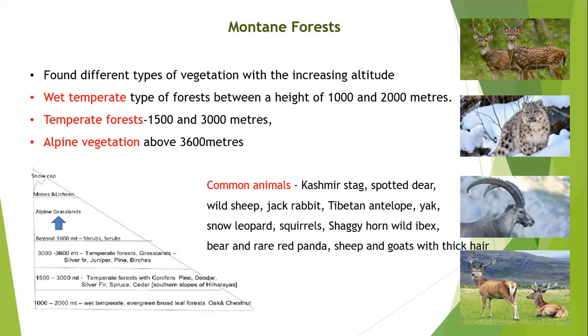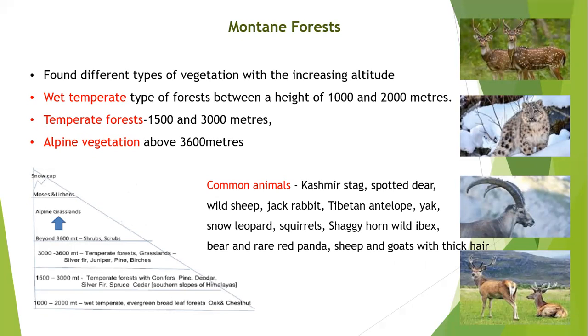These forests are also found on the southern slopes of the Himalayas and northeast India. About 3,600 meters, alpine vegetation can be found. Silver fir, junipers, pines, and birches are the common trees of these forests.